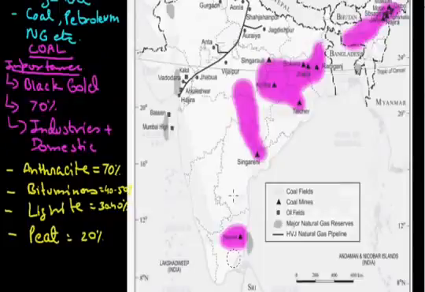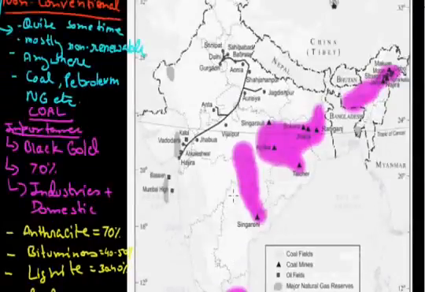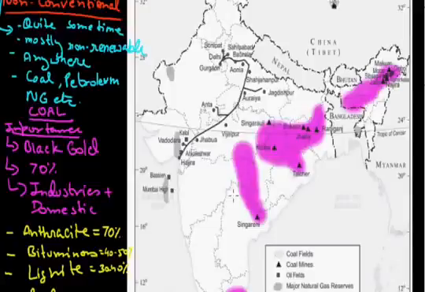So these parts of India are rich in coal fields, and India is totally dependent on coal, plus India also exports a lot of coal to European countries, Japan and America.